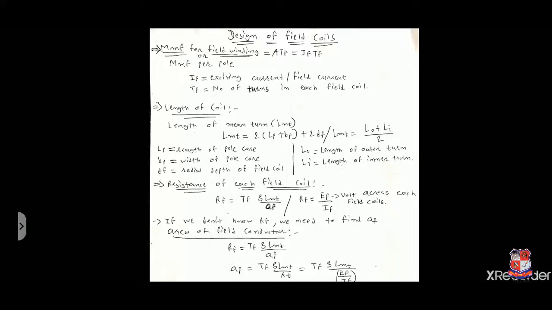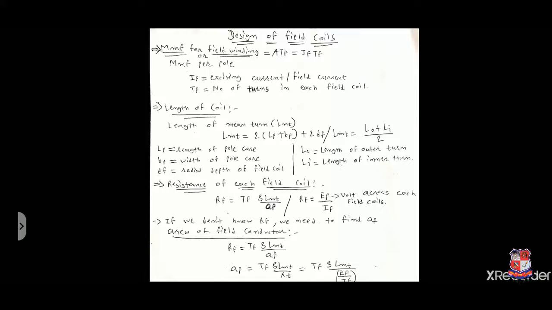In another case it is also known as MMF for pole. Why? Because the field winding is mounted on the pole, that's why it is also called MMF for pole. In examples, if the MMF for field winding is not given, we can consider it as MMF for pole. IF is the exciting current, or in some cases it is known as the field current, and TF is the number of turns in each field coil.